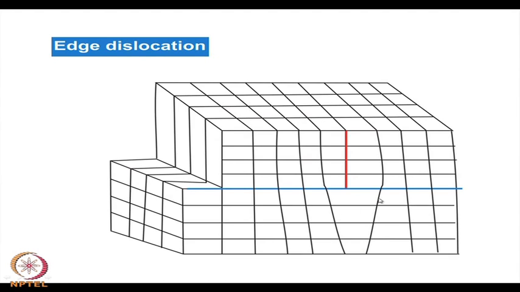So far this is an intermediate stage when no step has still been formed, but after some time if you continue to apply the stress, this extra edge will slowly move towards that and finally go out.